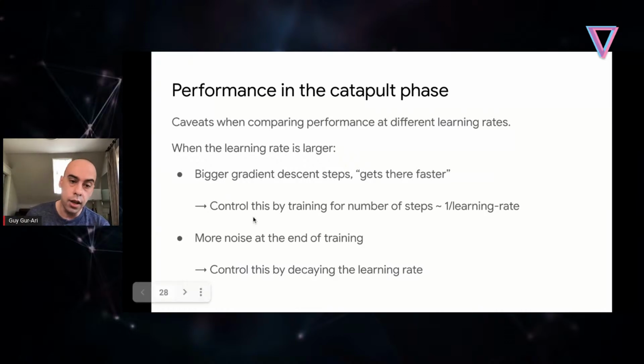We want to control for that, and we do that by increasing the number of training steps proportionally whenever we use a smaller learning rate, so that it's not just a matter of, oh yeah, we trained with a very small learning rate and it just didn't move away from its initial point. That's not interesting. So we boost the smaller learning rates by giving them more time to train, which in an ordinary setup, if all we care about is our computational budget, we're not going to do that.